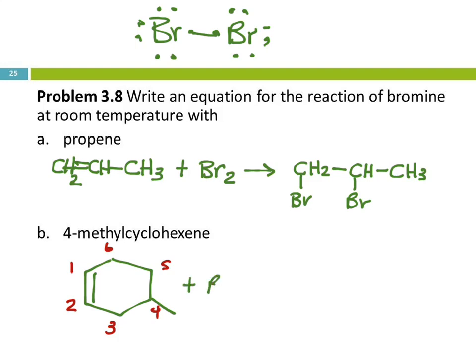And we're adding bromine. Let's see if this will show up okay. So here's our little ghost bromine over there. And 1 adds to this carbon, and 1 adds to this carbon, and the double bond goes away.